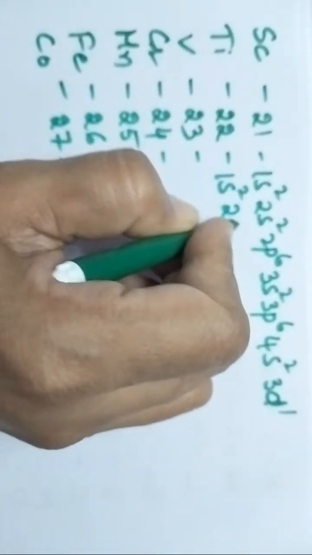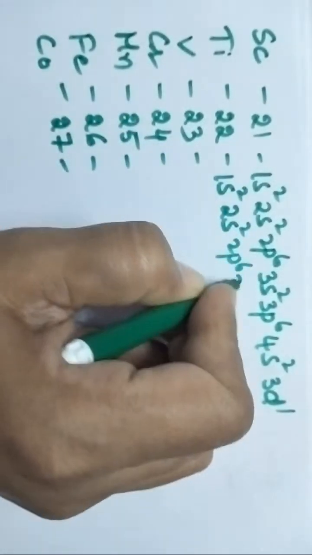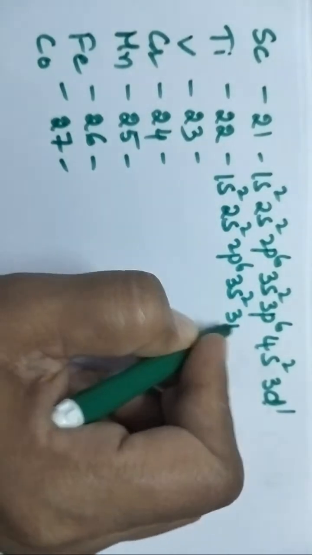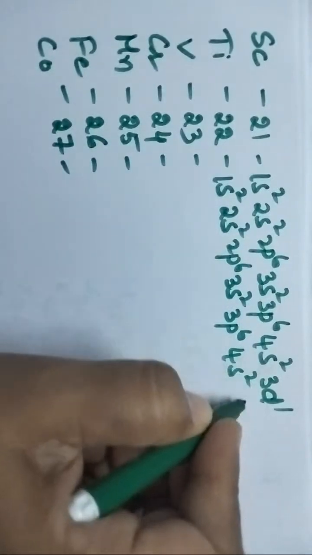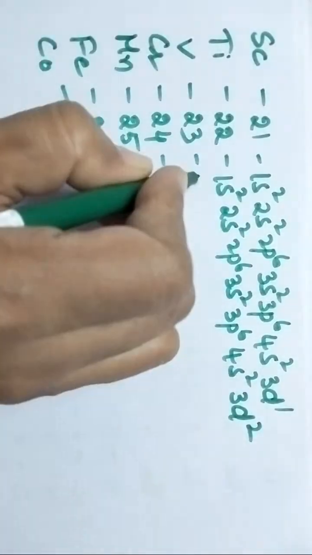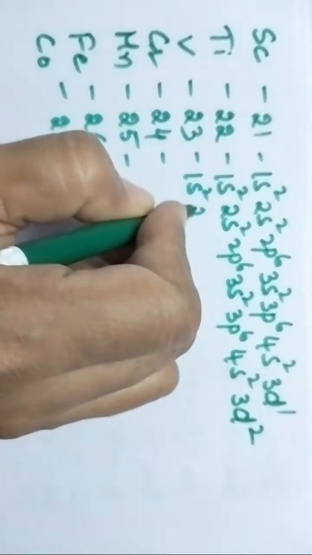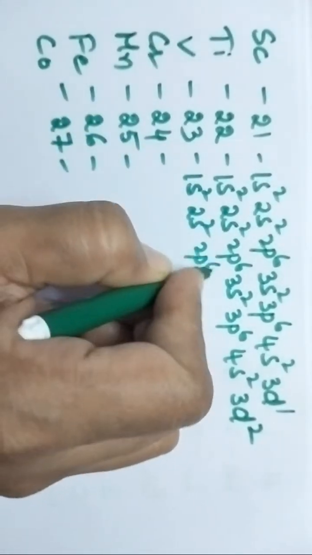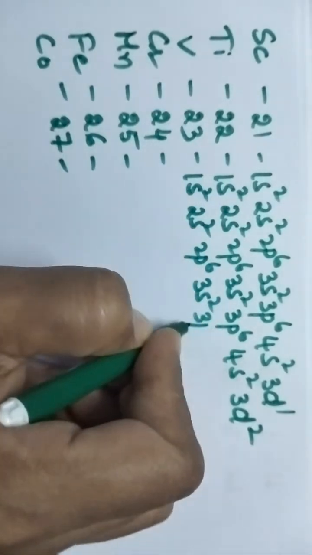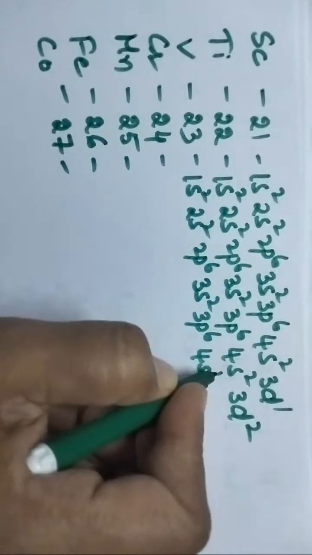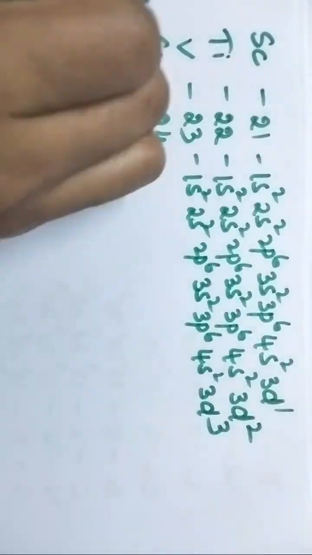Titanium 1s2, 2s2, 2p6, 3s2, 3p6, 4s2, 3d2. Vanadium 1s2, 2s2, 2p6, 3s2, 3p6, 4s2, 3d3.